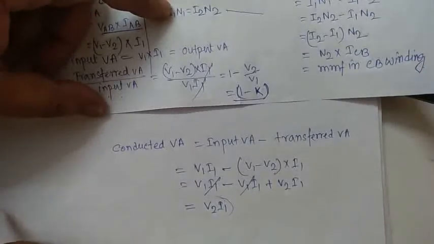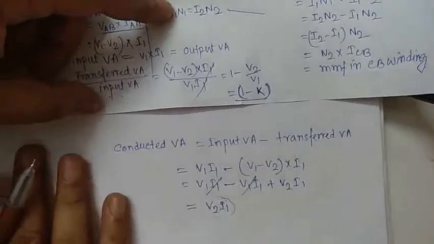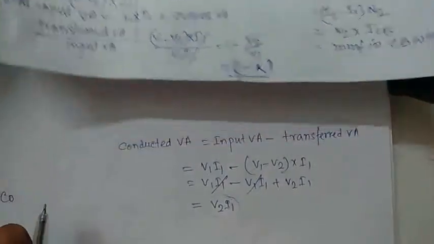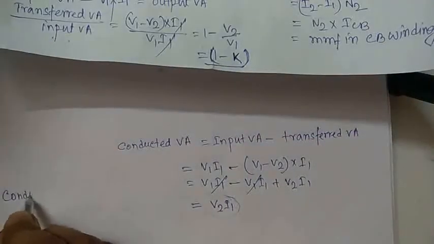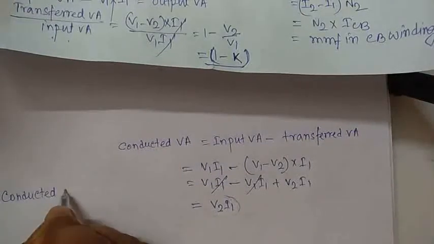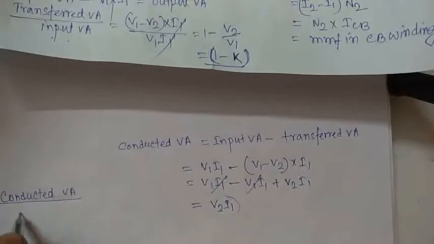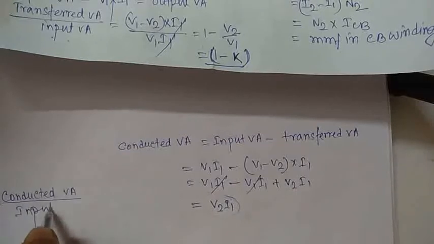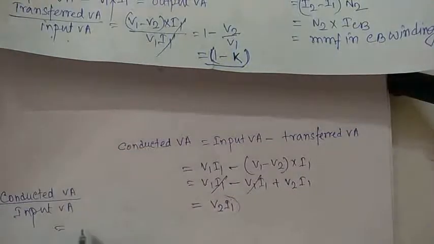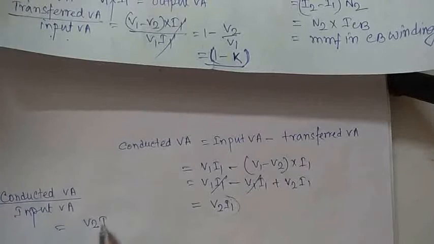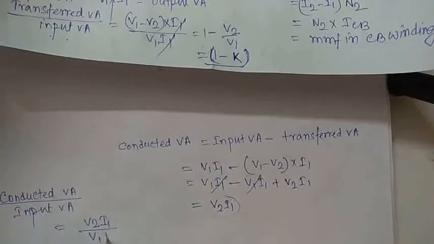So the ratio of conducted VA divided by input VA is V2 I1 divided by input VA, which is V1 I1.